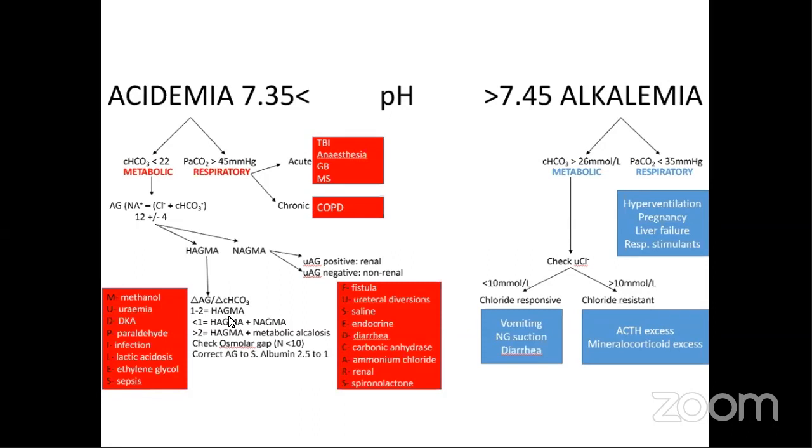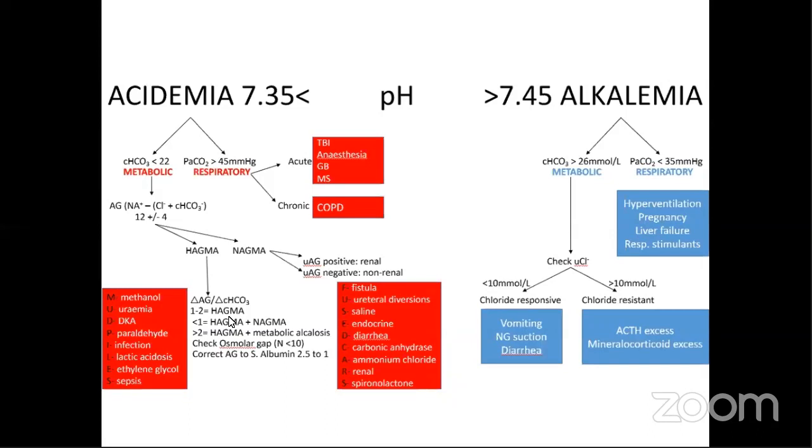So you have to check the osmolar gap, as well as correct the anion gap for albumin level, because as we know, albumin is a weak acid, and in case of hypoalbuminemia, we have to correct the anion gap of the patient by increasing it by 2.5 millimole for every 1 gram per deciliter loss of albumin.